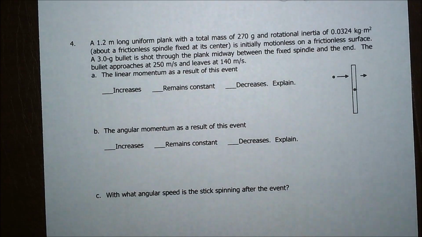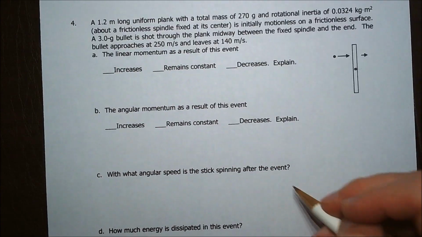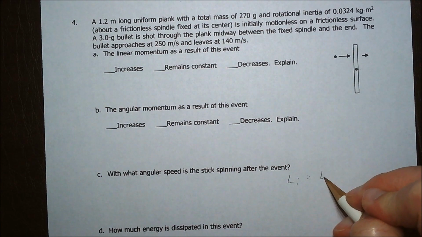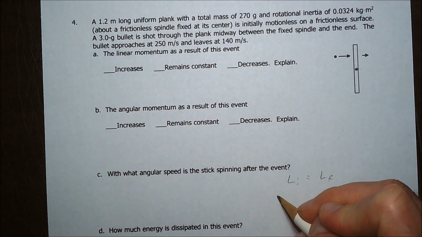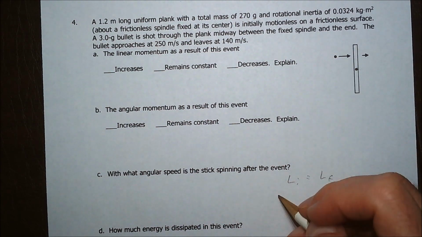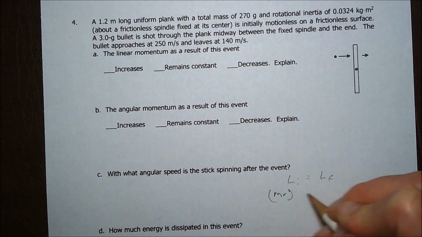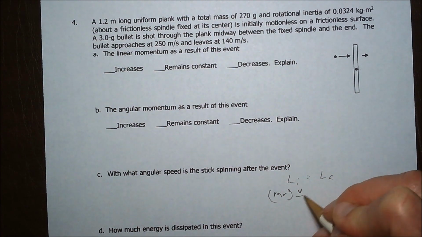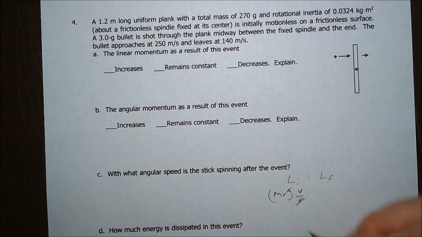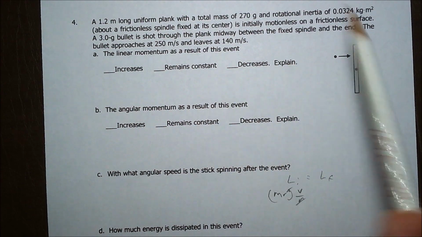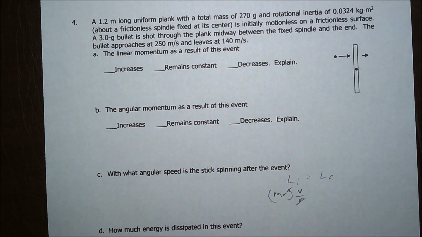Okay, so initial angular momentum has to be equal to final. Initial would be for the bullet, it's going to be m r squared times v over r. So the r will cancel the square, so it's m r v. It tells us what the mass of the bullet is. Change it to kilograms. We know what v is.